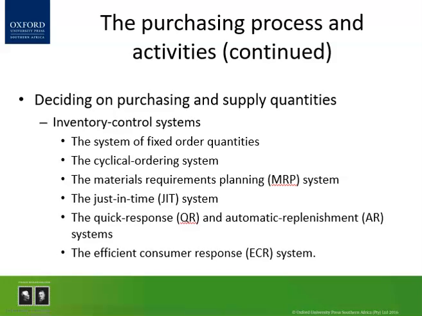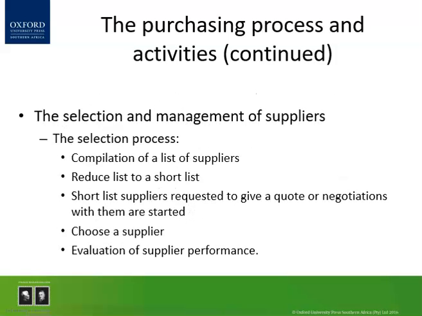Then they make the purchases in right quantities and at the right time. Then there's also the efficient consumer response system. So all these are inventory control systems that can be used by purchasing and supply managers.